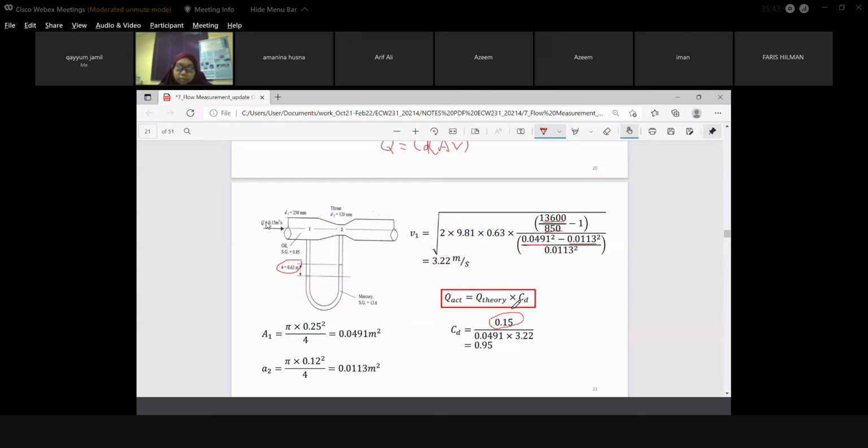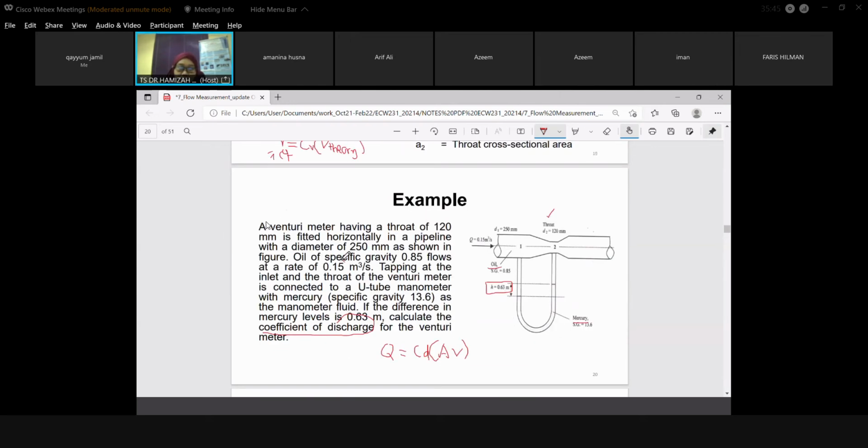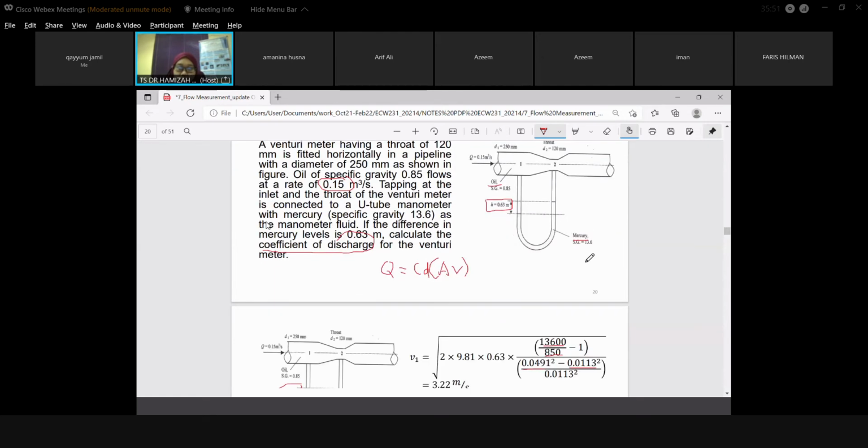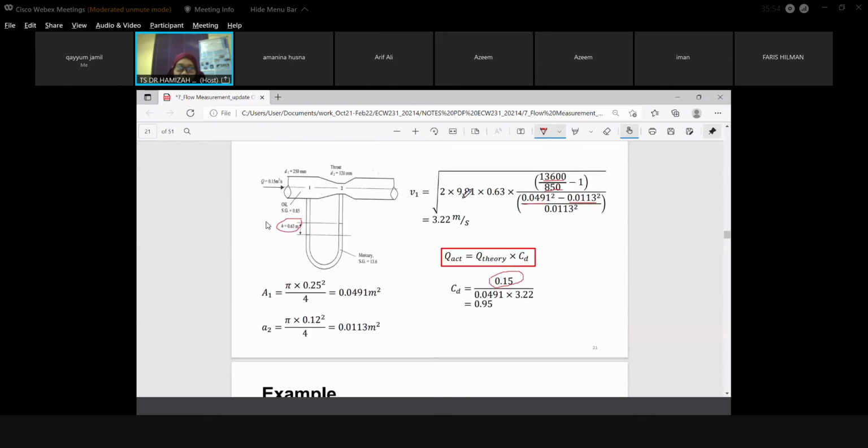Okay, it is given in the question. It already gives the Q actual. So divide by the Q theory. Q theory is area times V. We use this V. Okay, the area always refers to the area of the pipe, not the area of the throat. We don't use the area of the throat, we use the area of the pipe here. Okay, and then we get the coefficient of discharge.